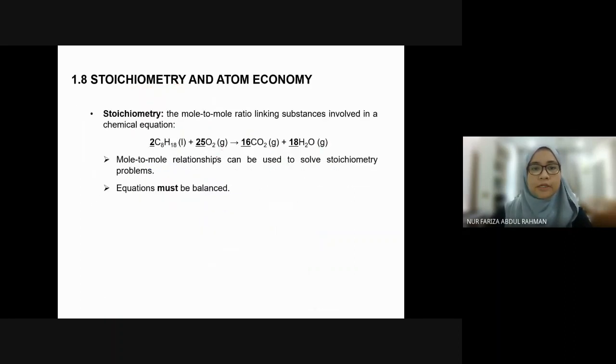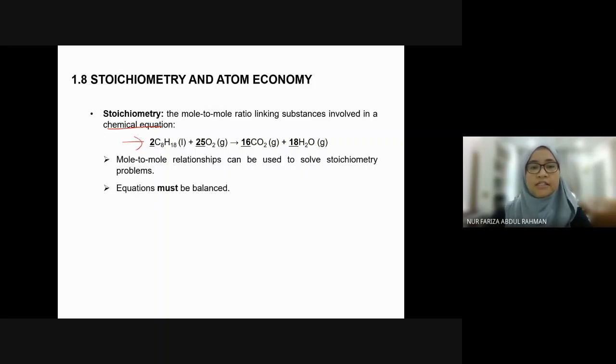Okay, so stoichiometry, I'm sure that you are already familiar with the word stoichiometry. It is the mole to mole ratio linking substances involved in a chemical equation. So we have a chemical equation.